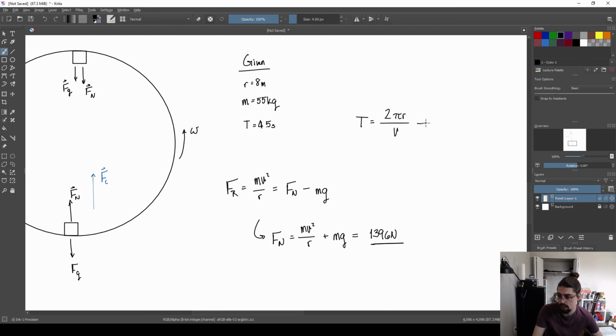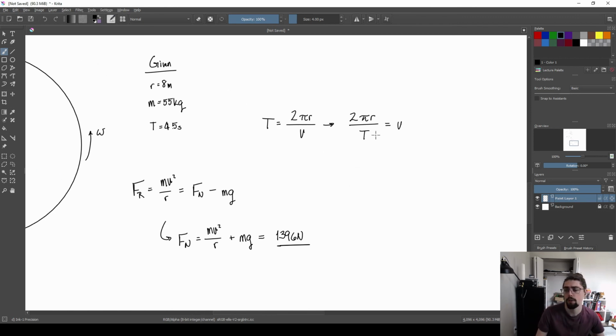So I can rearrange this. If the distance divided by the velocity is equal to the time, then the distance divided by the time should equal the velocity. So that's how I found my V. Sorry for that one. I kind of just skipped right over that, didn't I?